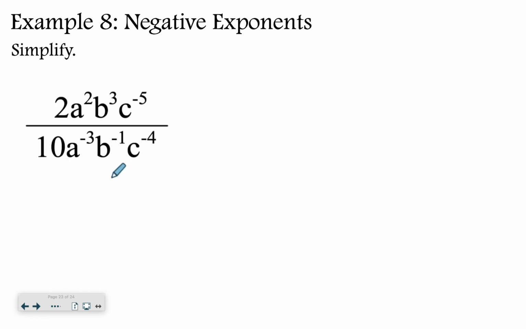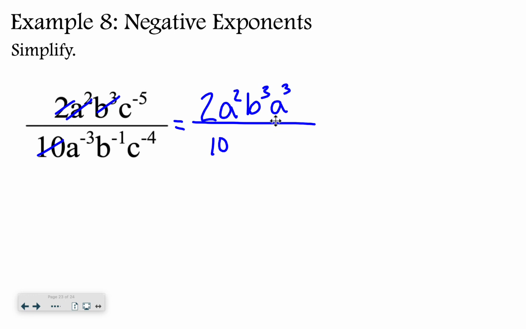So let's practice that. I have this expression, and I'm going to start by moving all of the negative exponents. So I have 2a to the 2nd, b to the 3rd, and I also have 10, and then another a to the negative 3rd, so that would move to the top because it was on the bottom.